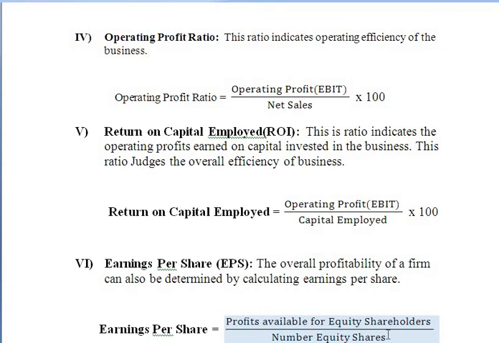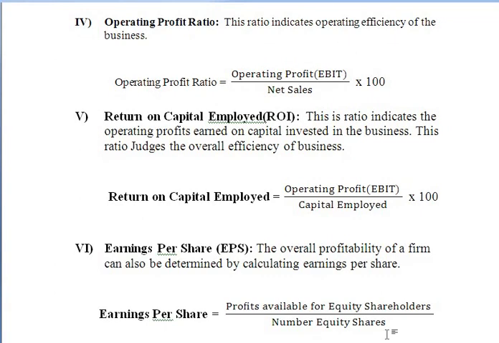That is, after net profit after tax and dividend, whatever profit remains is the profit available to equity shareholders. So these are the profitability ratios.